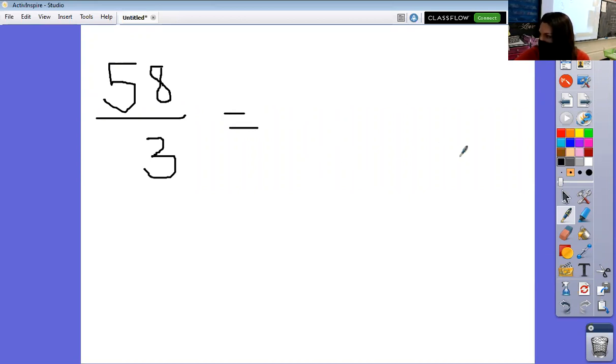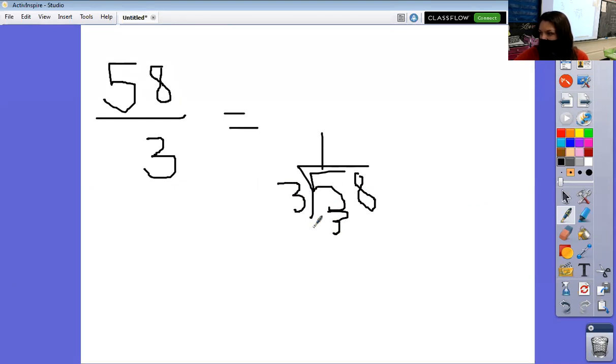All right, see my chat box blowing up here. Some people are saying 19, Luke and Will. I said 19. Okay, let's check the math. 58 divided into 3 parts. That's a 1. 3 goes into 28 9 whole times.